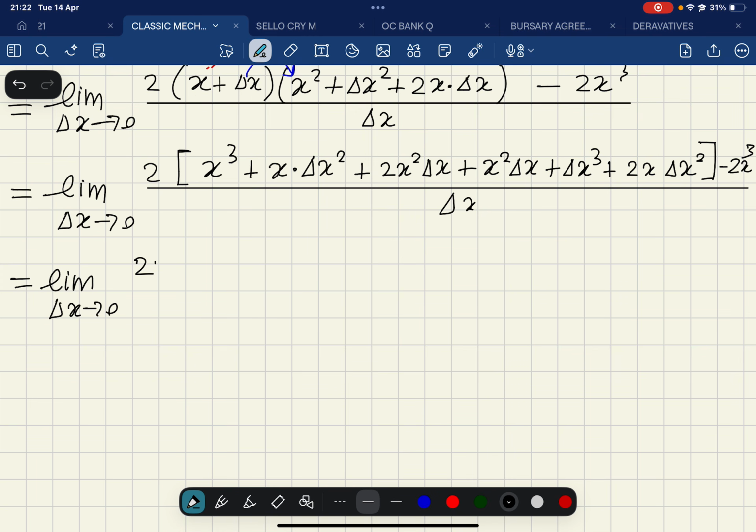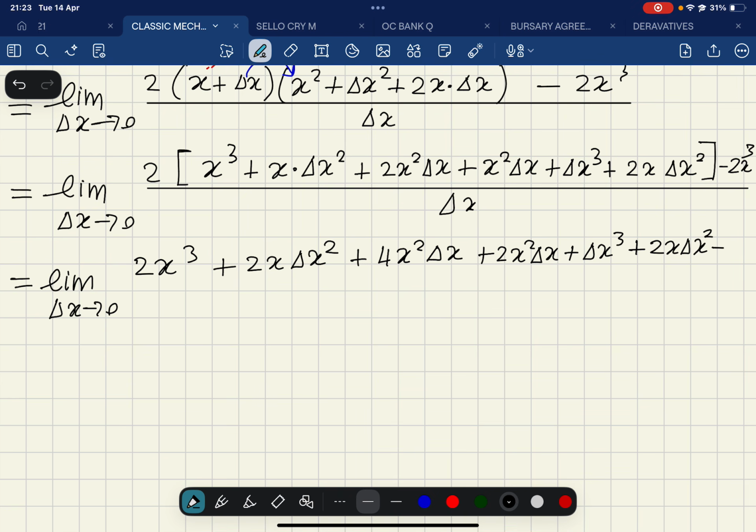I will have 2x cubed plus 2x change in x squared plus 4x squared change in x plus 2x squared change in x plus change in x cubed plus 2x change in x squared minus 2x cubed, all divided by the change in x.